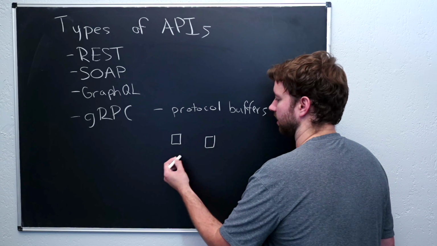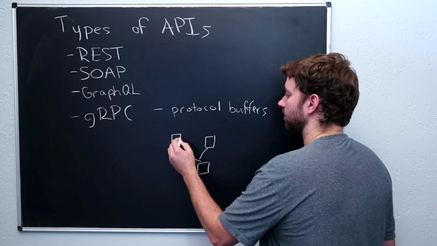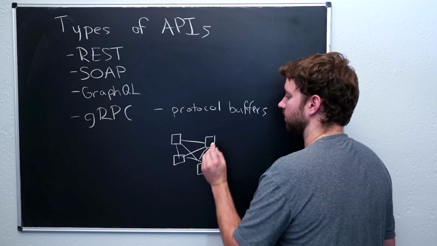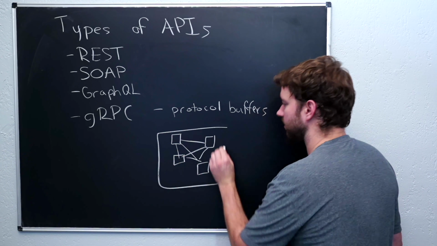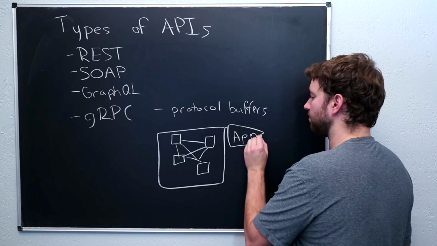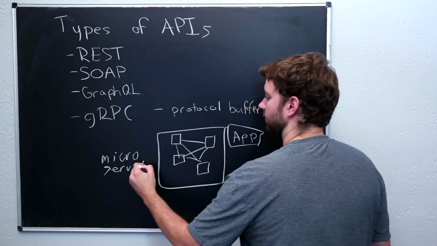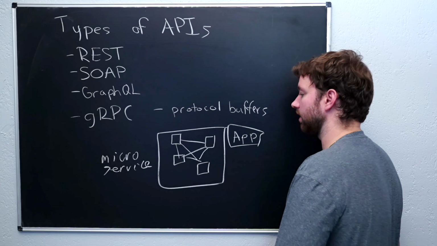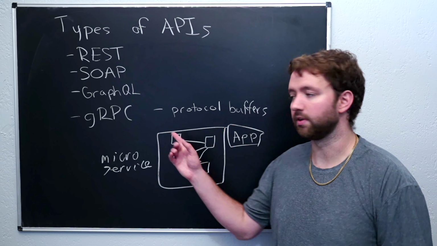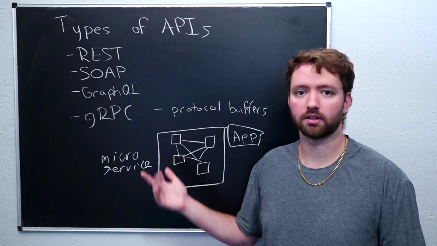So let's say instead of just having a front end and a back end, you might have all these different components that interact with each other. And all of these work together to provide the architecture for some app. This generally is called a microservice architecture, and using protobufs is pretty common for that cross-app communication. Although not required, you could just use a REST API.